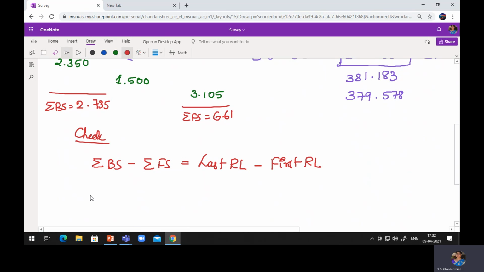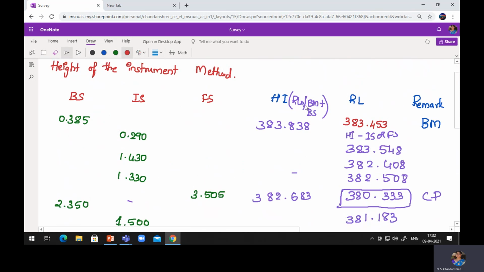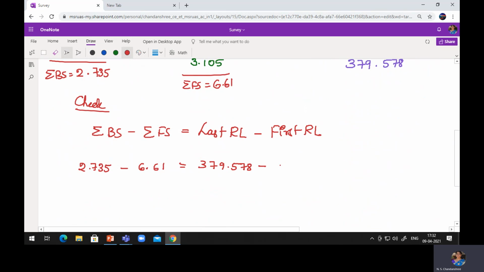Sigma BS is 2.735 minus sigma FS is 6.61, which equals last RL 379.578 minus the first RL 383.453.